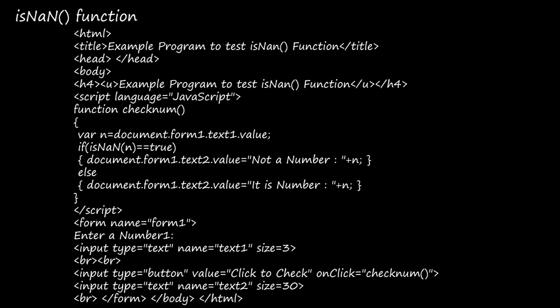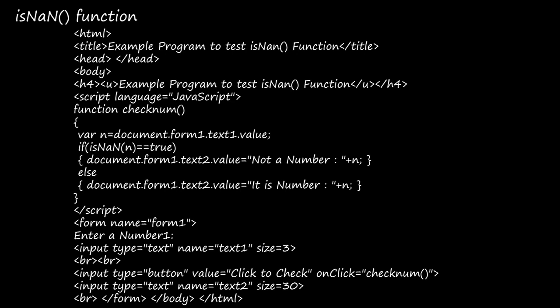Next, script language equal to, inside double quotes, JavaScript. Then function checknum, inside the open braces, first we declare variable n equal to document.form1.text1.value.